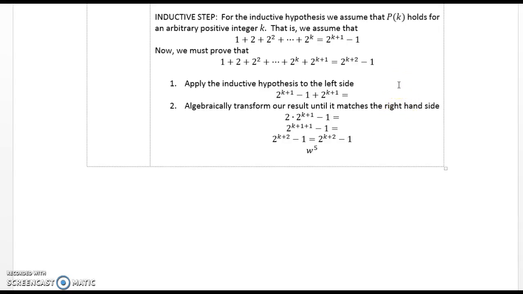So we apply the inductive hypothesis to the left side, arriving at 2 to the k plus 1 minus 1 plus 2 to the k plus 1. Algebraically transform the result until it matches the right side. 2 times 2 to the k plus 1 minus 1 is equal to 2 to the k plus 2 minus 1, which is what we want.